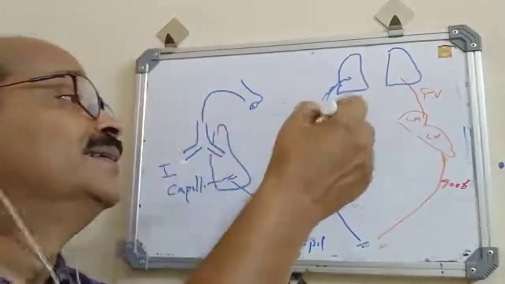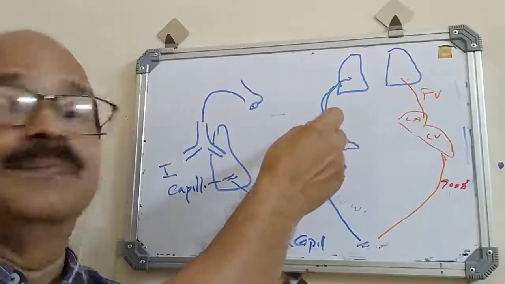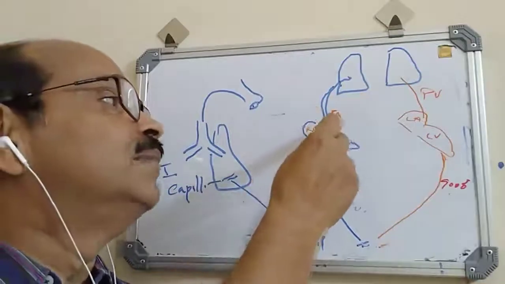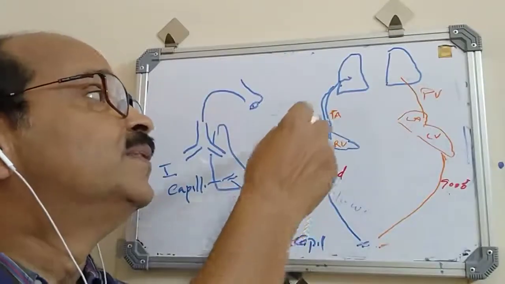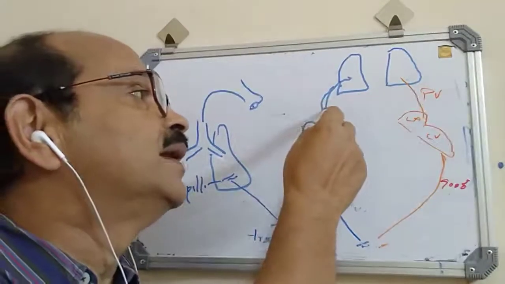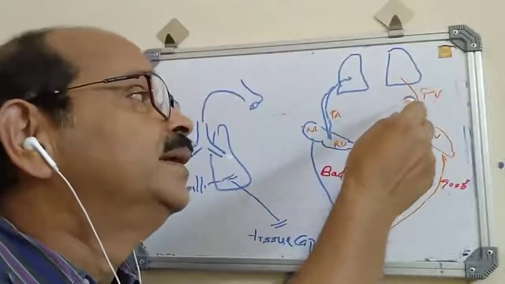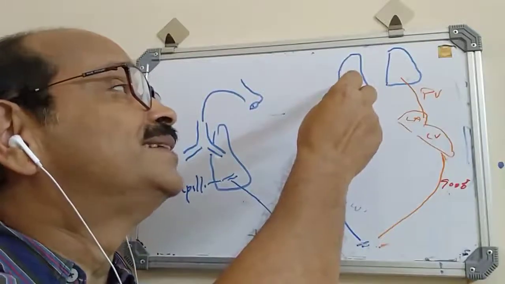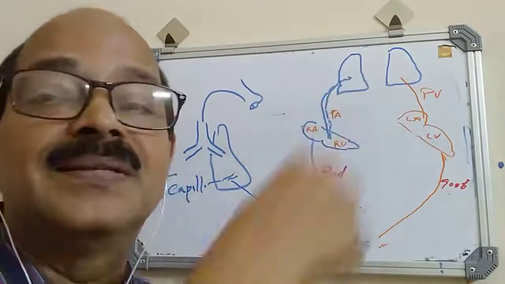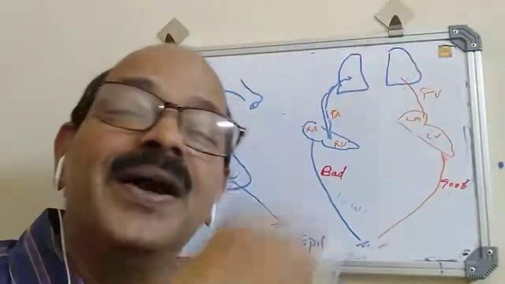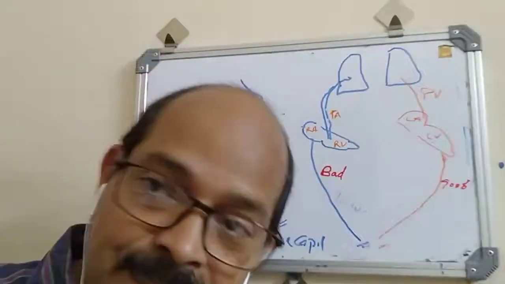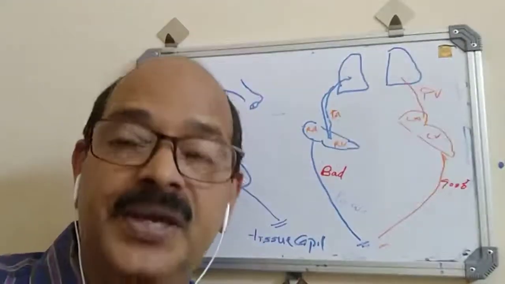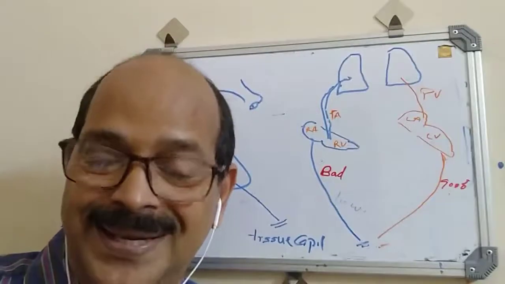So imagine here, this is the pulmonary artery. Pulmonary arterial blood is deoxygenated. Suppose there is a chance for this pulmonary arterial blood to enter into the pulmonary vein without going into the oxygenated state. So it just bypasses the oxygenation point. Just like you're jumping the queue when you're waiting for a cinema ticket.